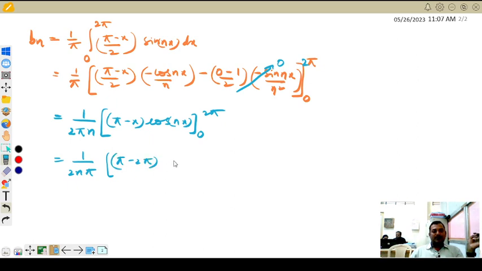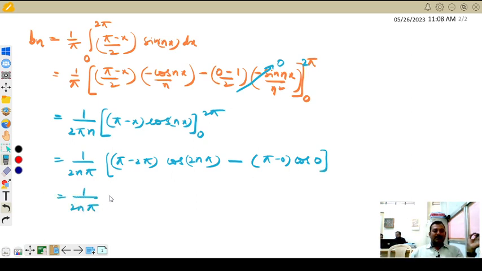Substitute x by 2 pi, so cos 2n pi, minus lower limit, this is pi minus 0 into cos 0.